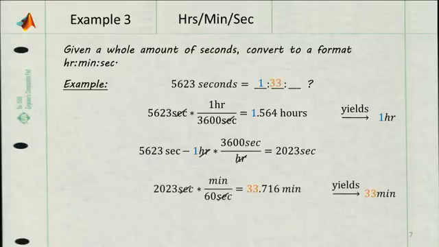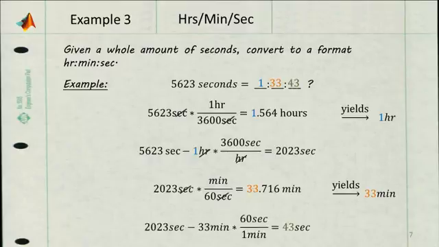That's easy to convert to minutes. 33.716 minutes, and again, I round down. So that's 33 full minutes. And finally, from the number of seconds that I had left, I subtract those 33 whole minutes, and I get 43 seconds. So again, there are a couple variations of solving this problem, but this one allows no round-off issues.